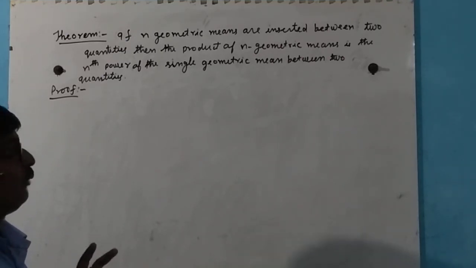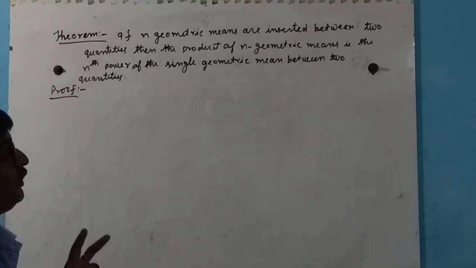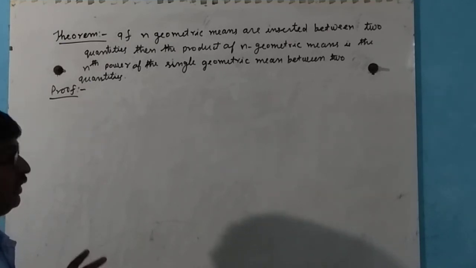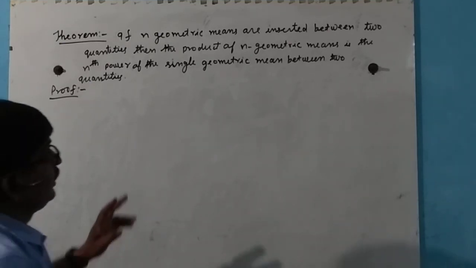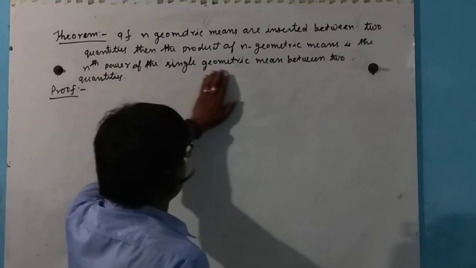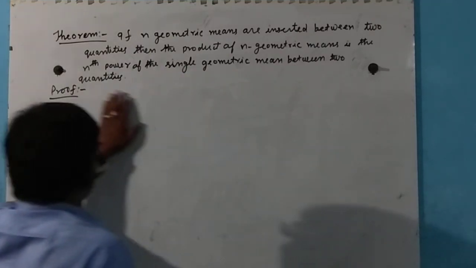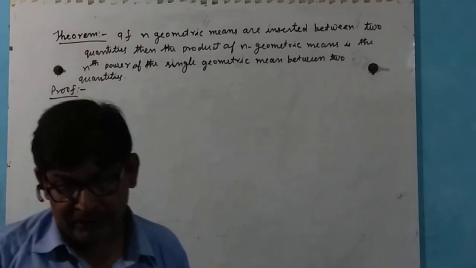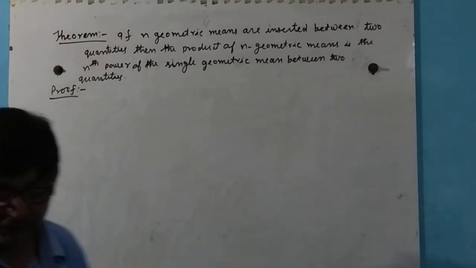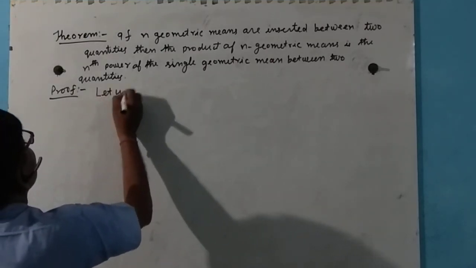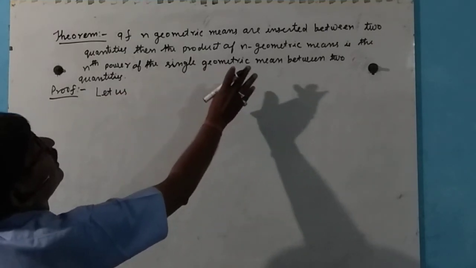Then we have to show that the product of G1, G2, G3 up to Gn is equal to the nth power of the single geometric mean between the two quantities, that is equal to G to the power n. Now let us suppose that n geometric means are inserted between two quantities.